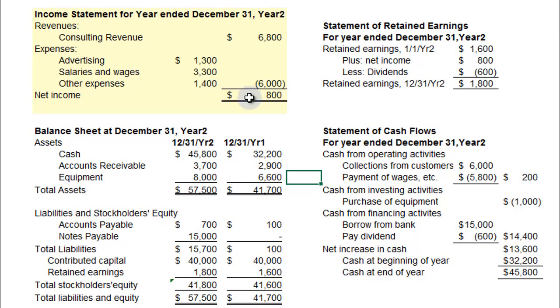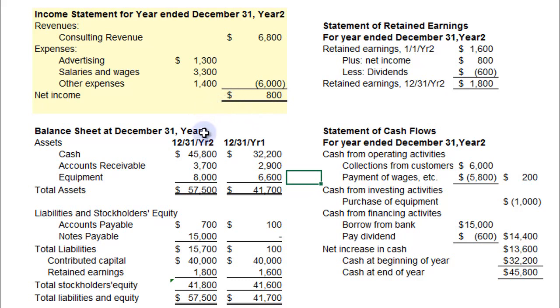Are you giving me net income for a month, for a year, for a week? An income statement shows you revenues minus expenses for a specific period of time. If you're looking at financial statements that are prepared annually, such as these, then that income statement represents a year. So that means this business's profit was $800 for an entire year.